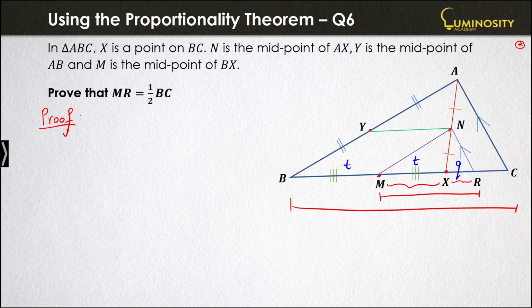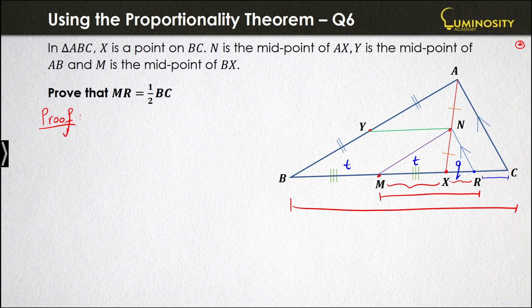If I can just figure out the length of RC, then I can work out things in terms of t and q here, and hopefully show that MR, which is in this case t plus q, is equal to half of BC. That'll hopefully give us half of t plus q.